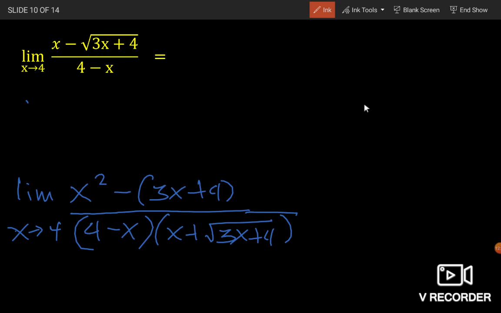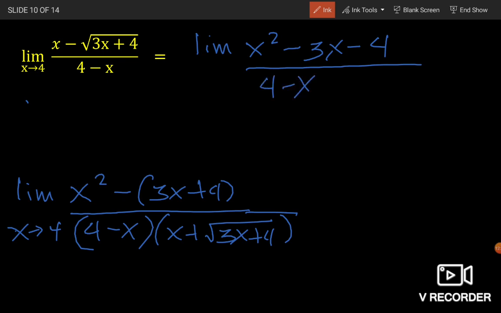So here, this is a negative sign. What we can do here is change this into the limit of x squared minus 3x minus 4 over 4 minus x multiplied by the quantity x plus square root of 3x plus 4.